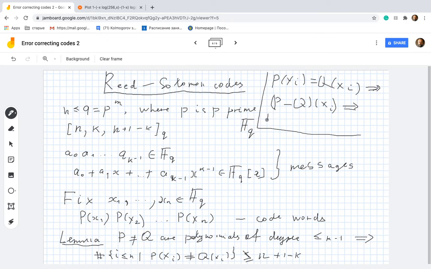And P minus Q has degree at most k minus 1, so it has at most k minus 1 roots. So the number of i's where P and Q take different values is at least n minus k plus 1. So the lemma is proven.